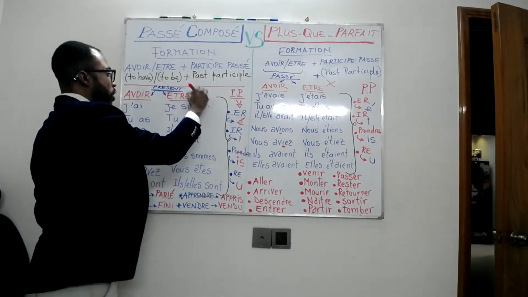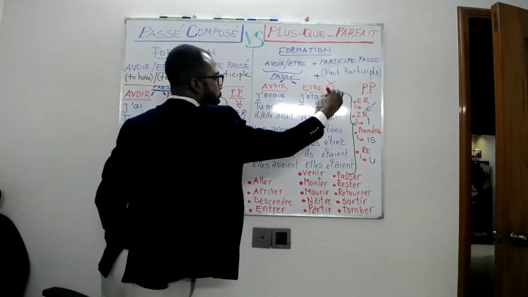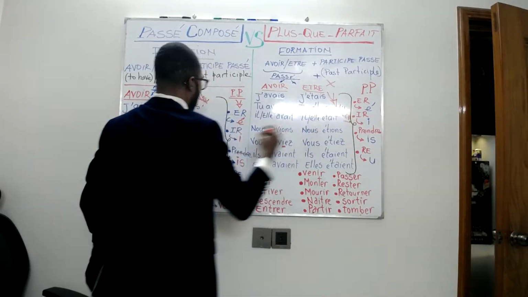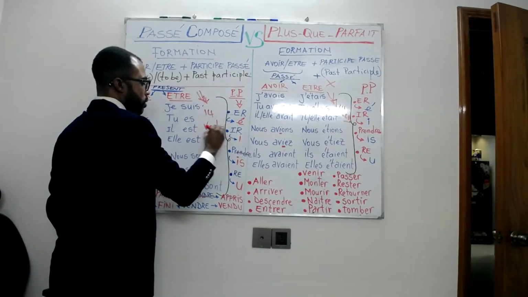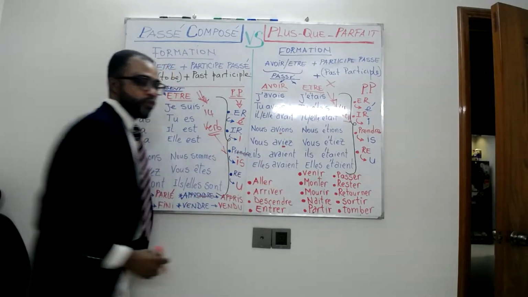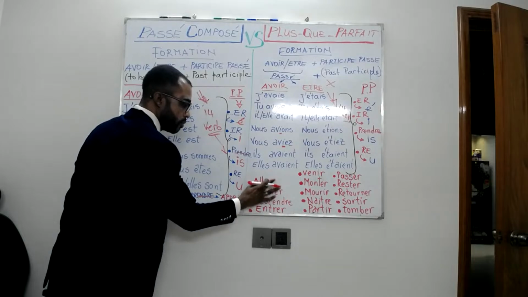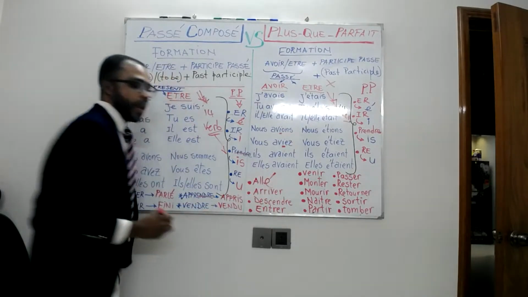So je suis, the verb to be, is used with these 14 verbs. Here, aller: with ER, to get the past participle, it will become allé.